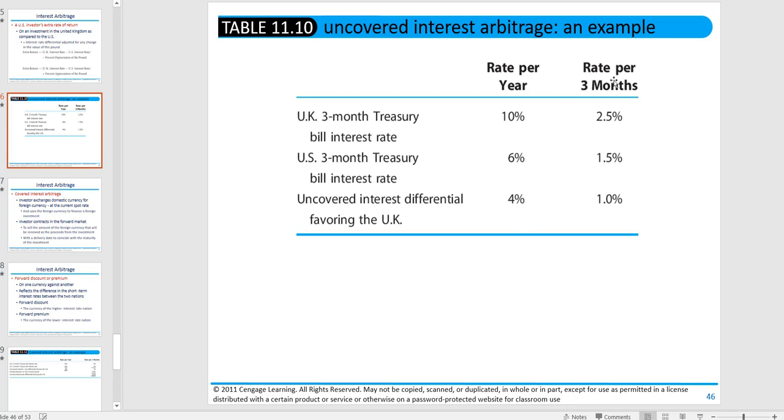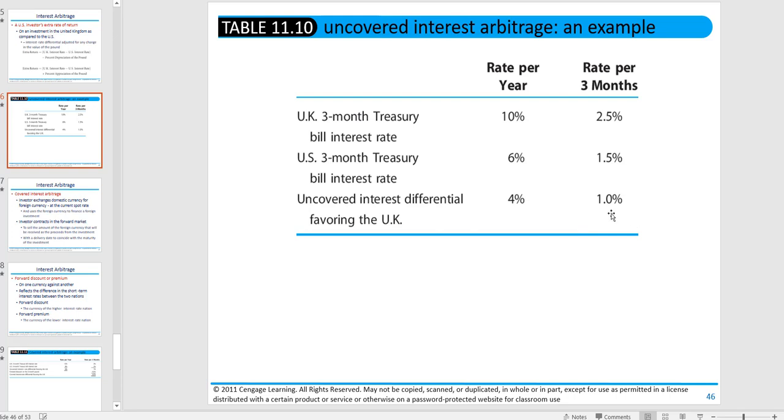And if you decide to invest just 3 months, then it's dividing that annual interest rate by the 4 quarters. So 2.5 for the British Treasury, 1.5 for the US Treasury, giving you an uncovered interest rate differential of 1%.